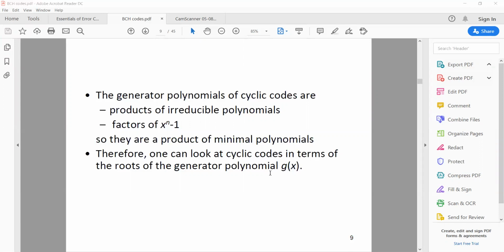That means how we can use the roots of the generator polynomials in the syndrome technique, and how important the roots are in detecting and correcting errors in the received code bits. So that is basically written: we can look at the cyclic codes in terms of roots of generator polynomials G(x).